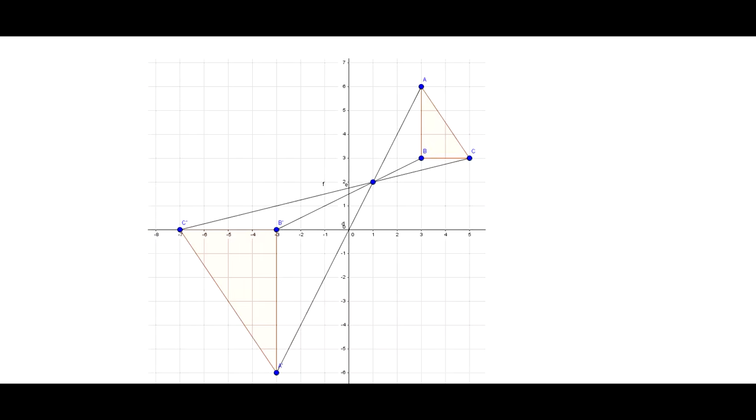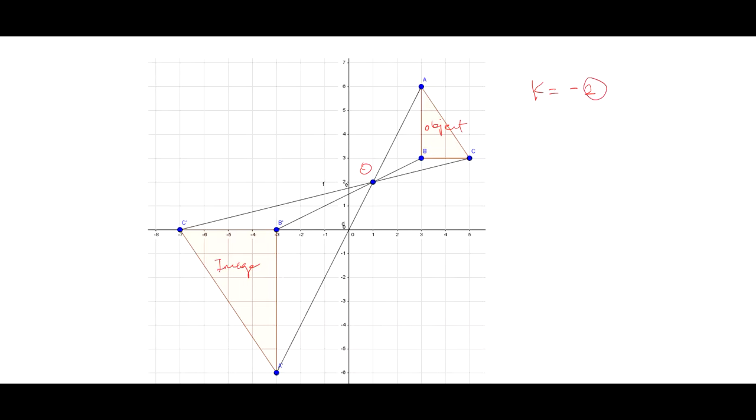So in this case here, we had the triangle. I'm saying that k is equal to -2. Now remember, k is the scale factor. This is our point here, our center of enlargement. This is our object, and this is our image.